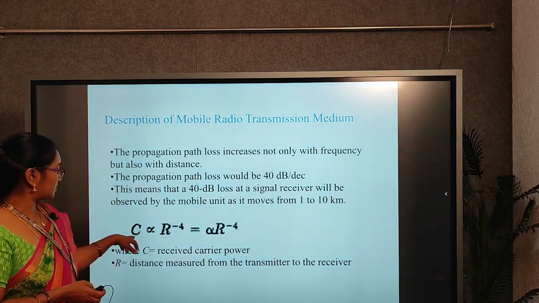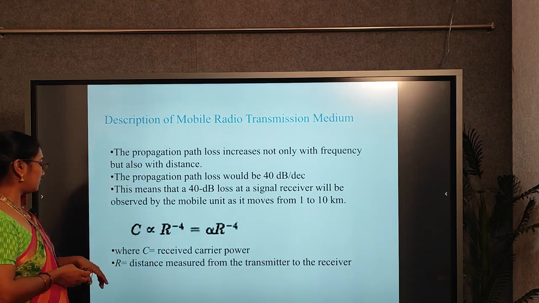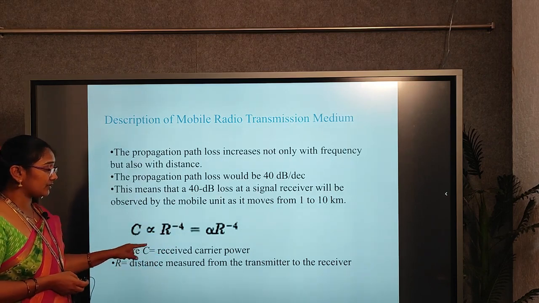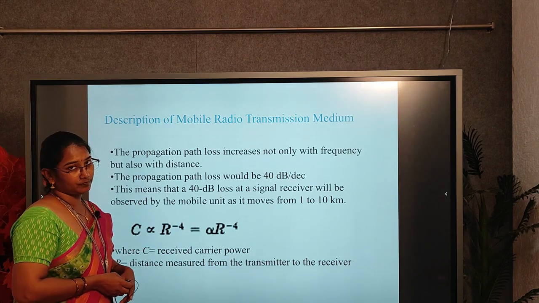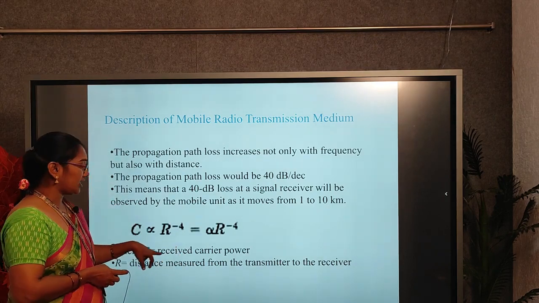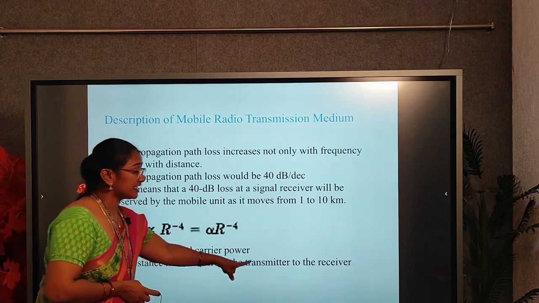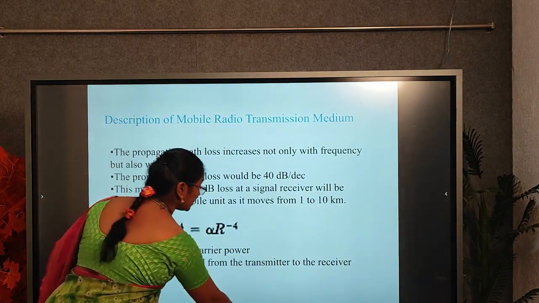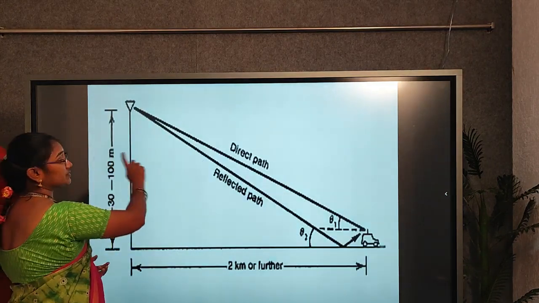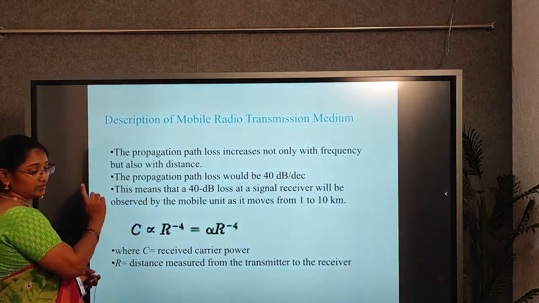So C is directly proportional to R to the power minus 4, where C is the received carrier power at the mobile unit. R is the distance measured from the transmitter to the receiver. Here this is the transmitter and here is the receiver. R is the distance.